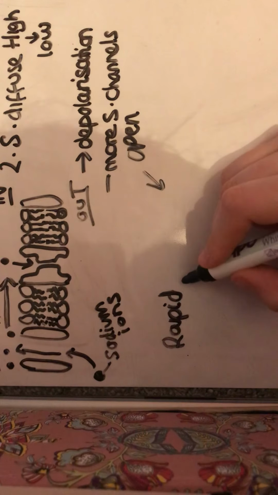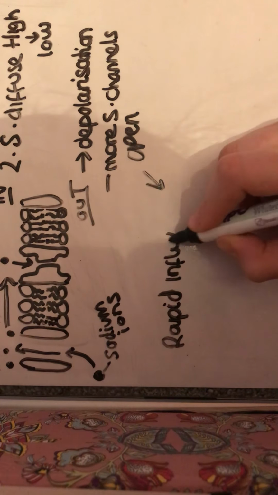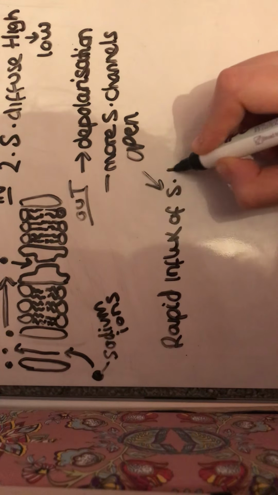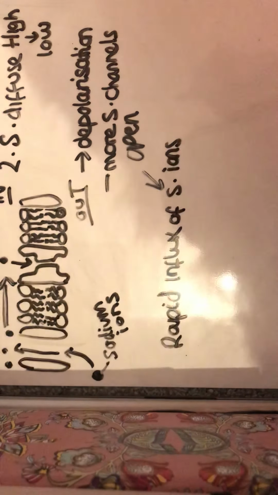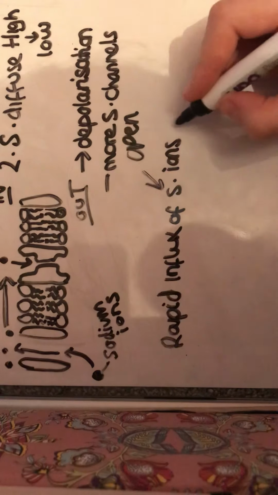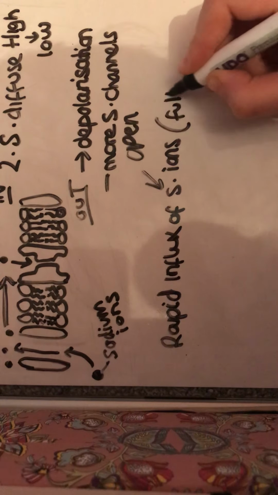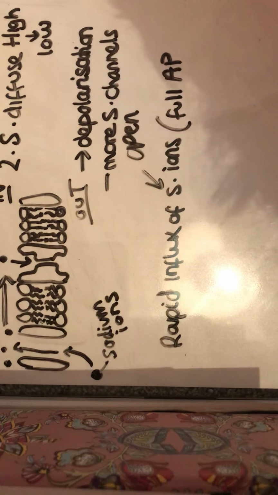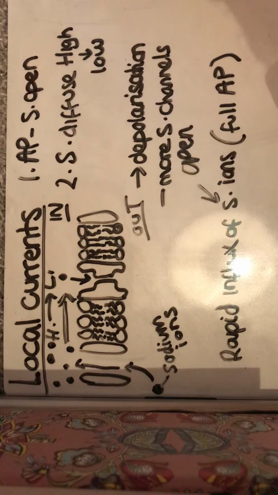And that causes a full action potential further along the neuron. So we can see how a local current can result in an action potential.